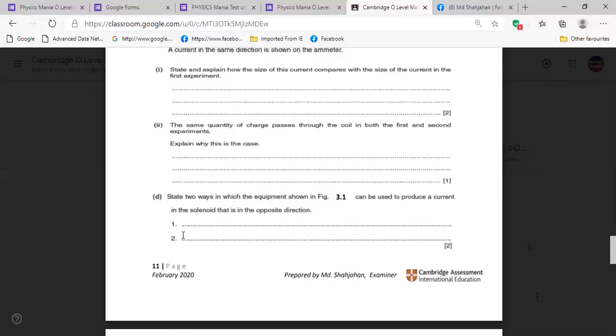You write taking the South Pole towards the solenoid.